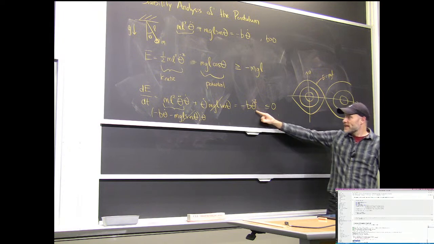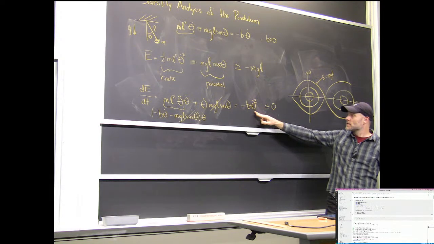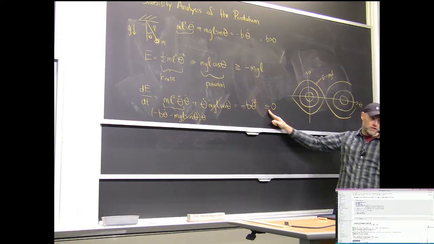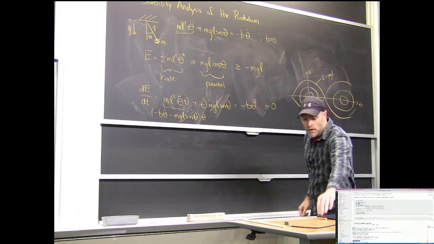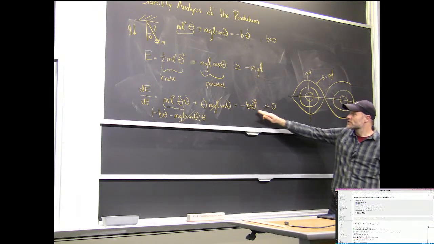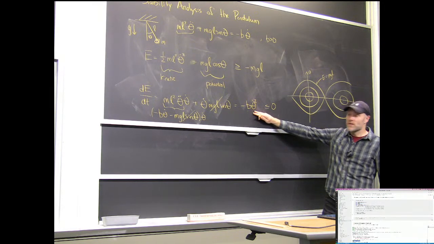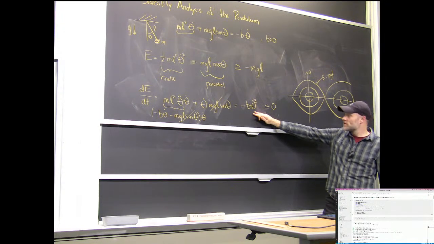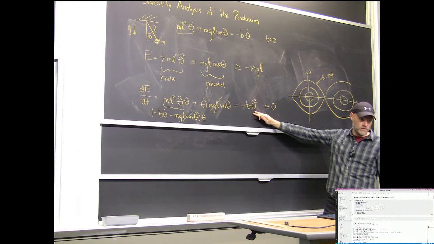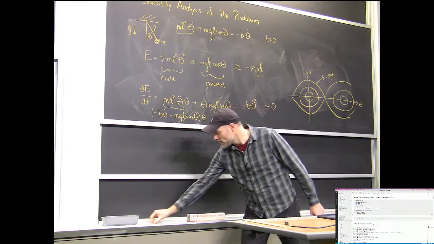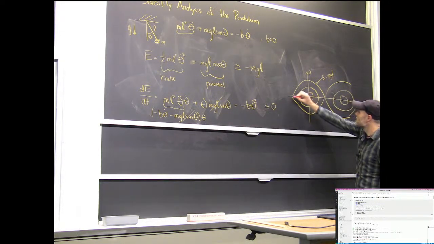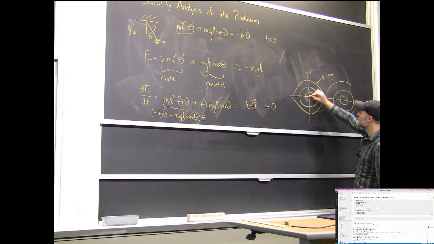Let's just think for a second. We're going to do it carefully at the end with the proper theorems, but let's just think for a second about the implications of this being less than or equal to 0. This is strictly less than 0 when theta dot is non-zero, but it's equal to 0 when theta dot equals 0. So if I look along the line here, theta dot equals 0 is this line here.